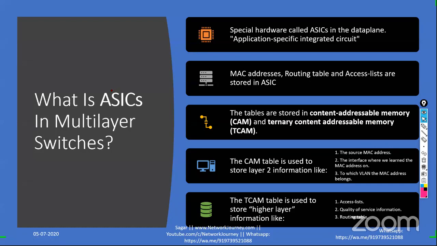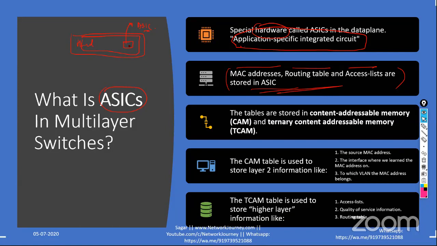You might have heard something called ASIC. ASIC is nothing but an application specific integrated circuit. This is integrated on your hardware chip. If you have a Cisco box, on your motherboard you have these ASIC integrated chips. These chips are capable of faster delivery of MAC address lookup, routing table, and access lists.